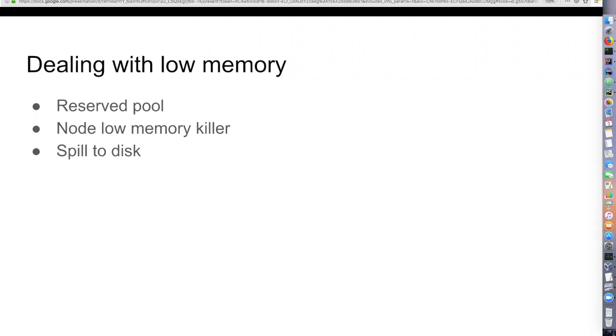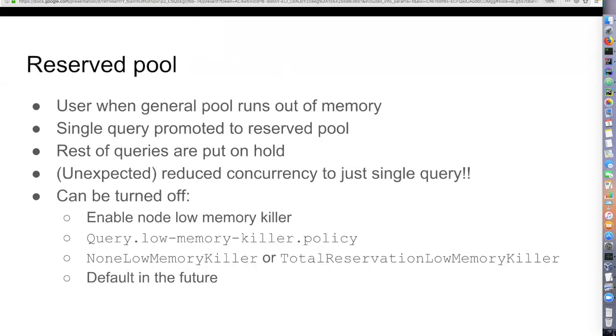And there is also spill to disk, which can be used on its own, but can also be used in part with the reserve pool in some setups. Right. So back to the reserve pool.